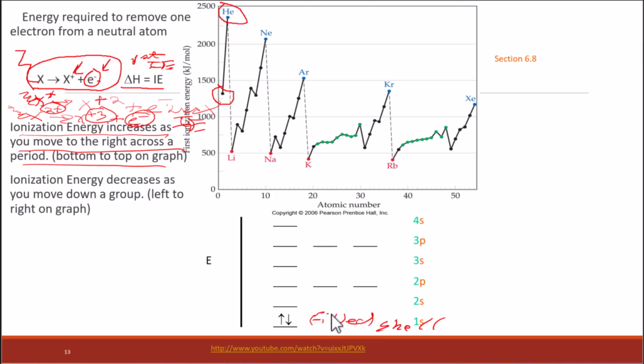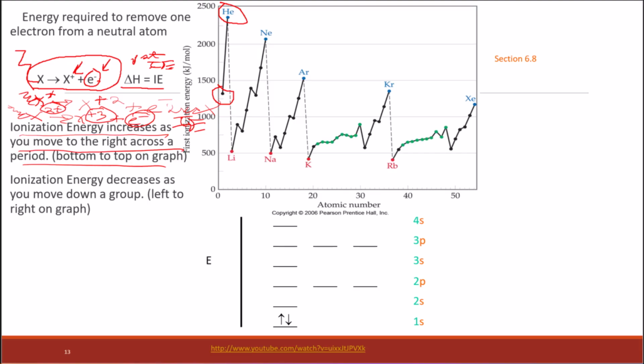I know that's hard to read. Filled shell. So this is stable. And anything that's stable is low in energy. And so it's going to take a lot of energy to remove the electrons from that filled shell. And those electrons are really close to the nucleus. All right, so that's helium.